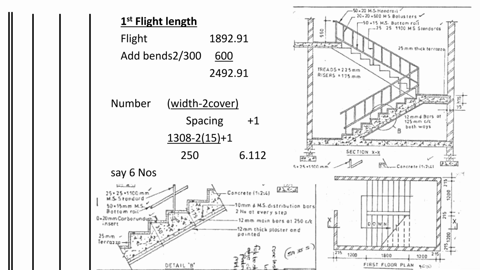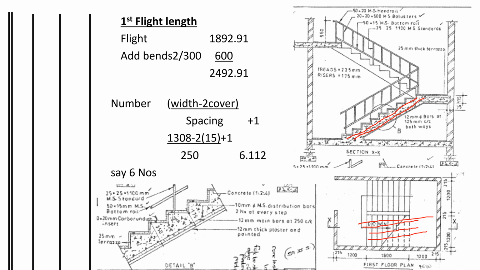On the first flight, we shall ask ourselves how many bars will be running this way. How many bars and what is the length of those bars? So remember that they will be running like this. Sorry, they'll be straight, not like mine.